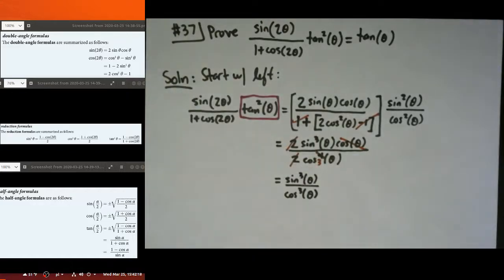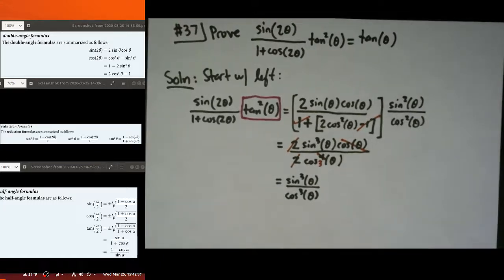Now, what do we do with that? It must be a typo in the book, because there's not really a way to simplify this. So I believe this problem actually was sine cubed over there. It's the only way that makes sense to me.